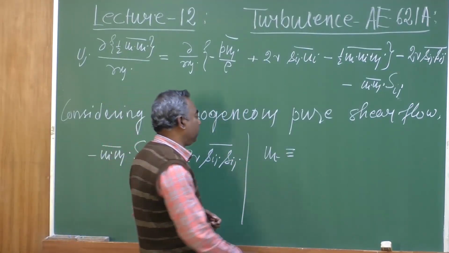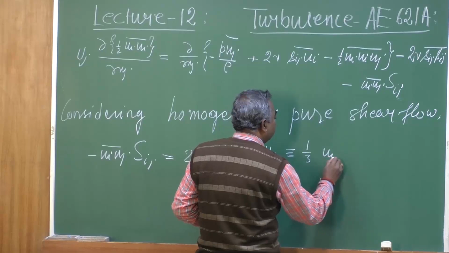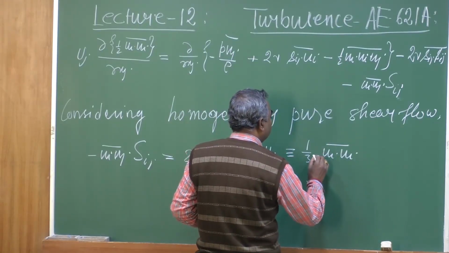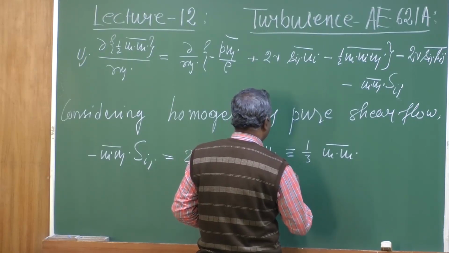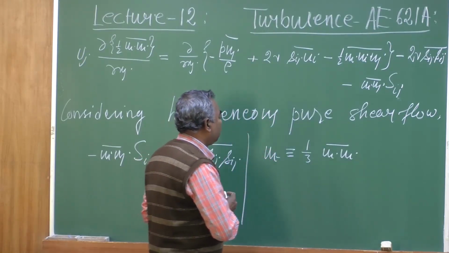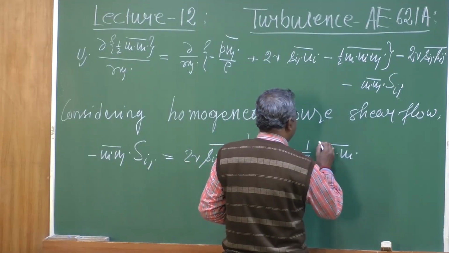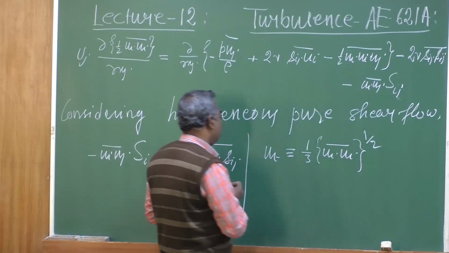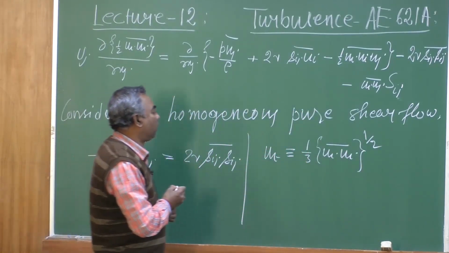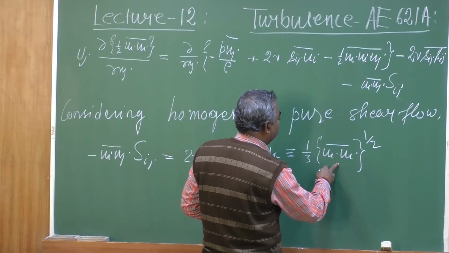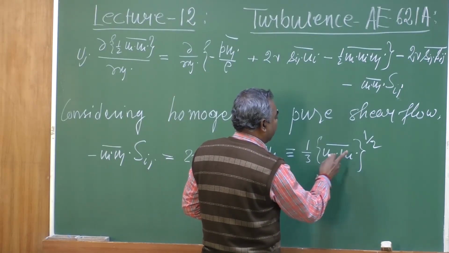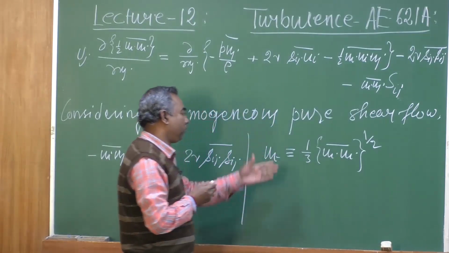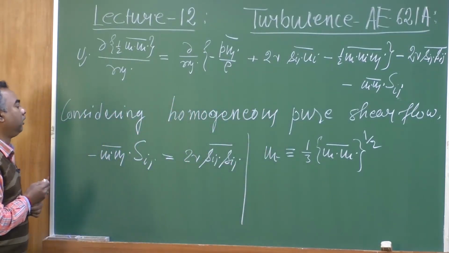So, we can define u t as 1/3 of u I bar, which is essentially u1 square bar, u2 square bar, u3 square bar. So, you can consider this is what is your ut.